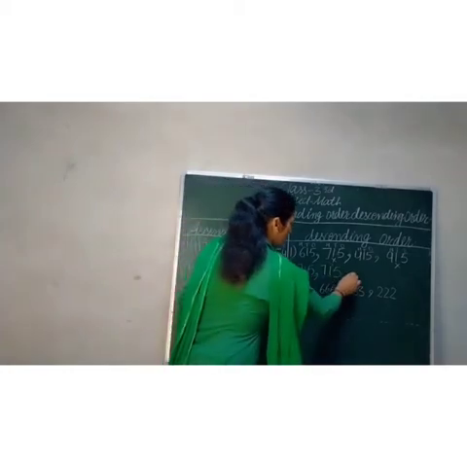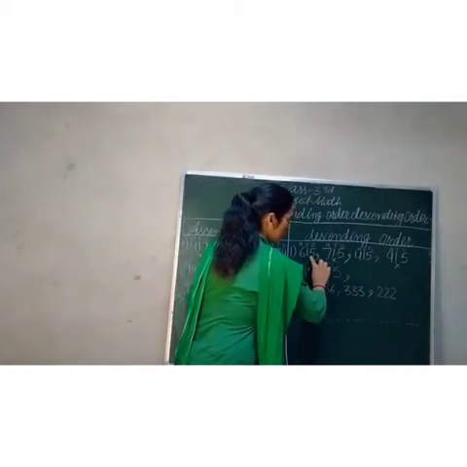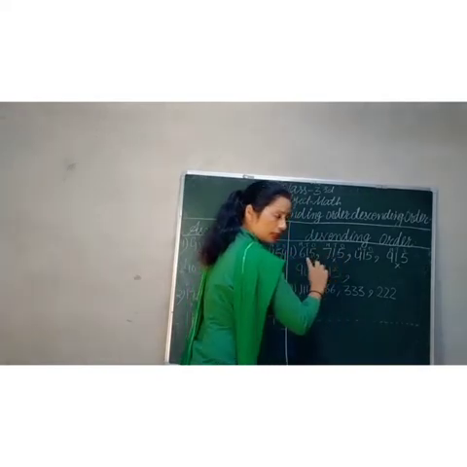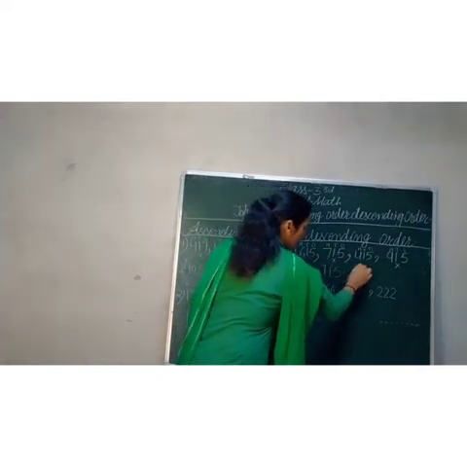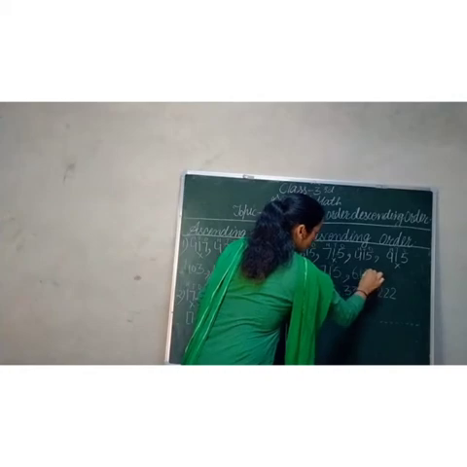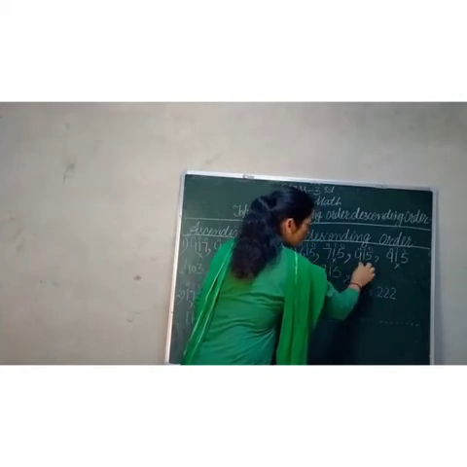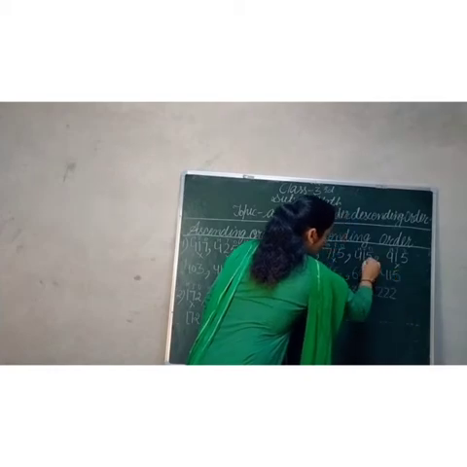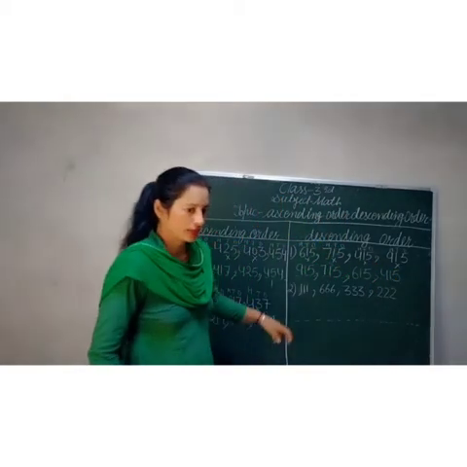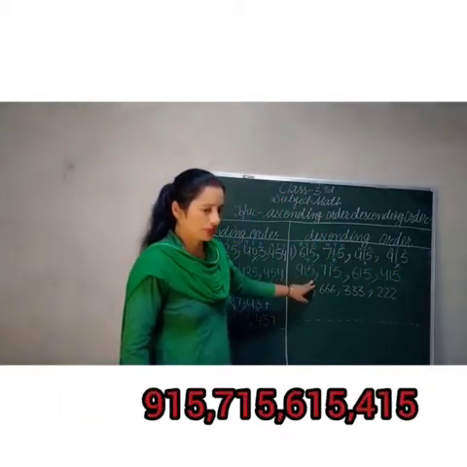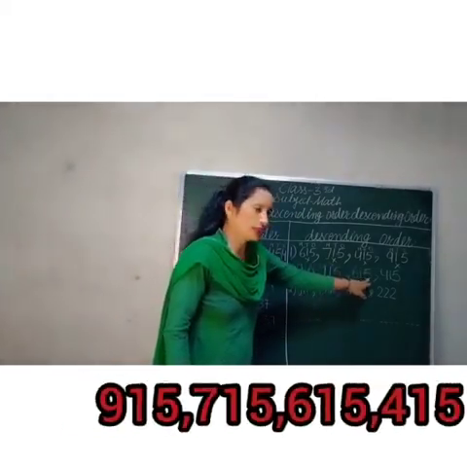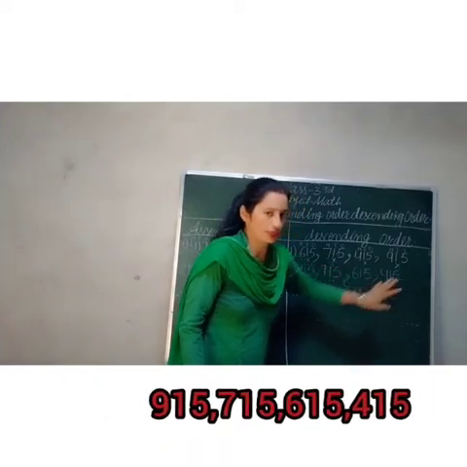Then next is 615, then 415. Which one will come? 615. Then last one is 415. See, 915, 717, 615, last one is 415.